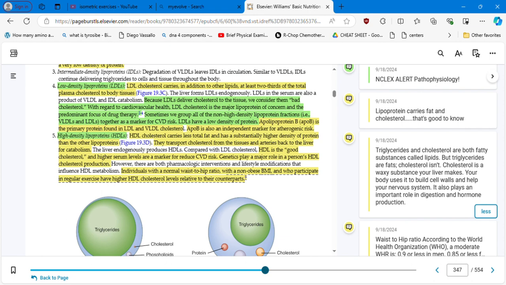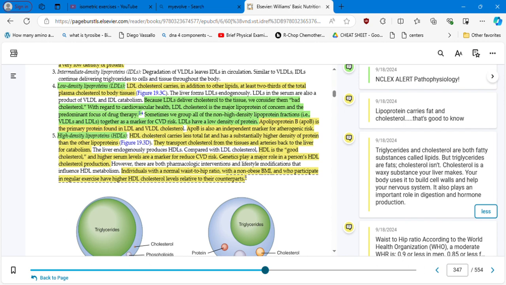Now, in functional medicine, besides the VLDL and LDL, we usually order apolipoprotein B, which is the primary protein found in LDL and VLDL cholesterol. So this protein is also an independent marker for atherogenic risk. Say we have a patient whose VLDL and LDL is high, and the patient is coming to my office for functional medicine.